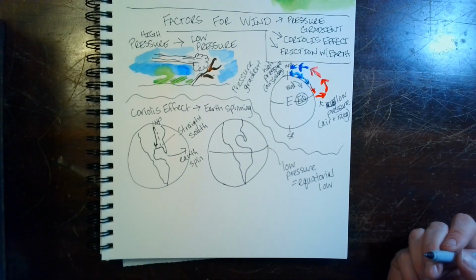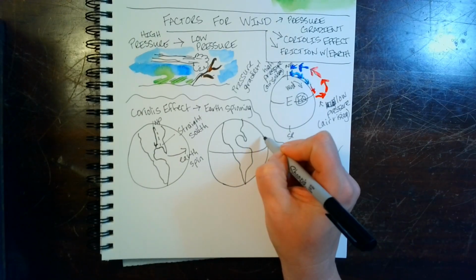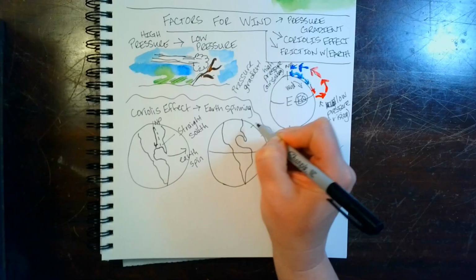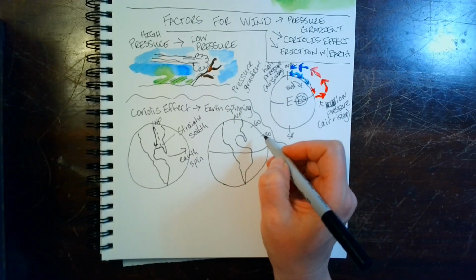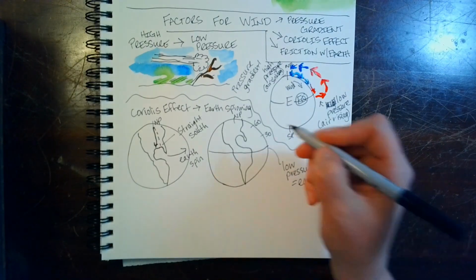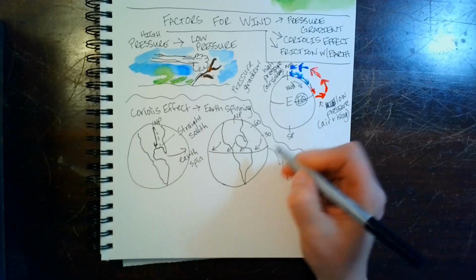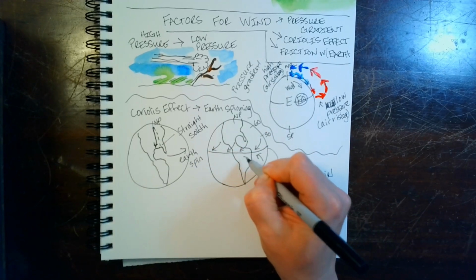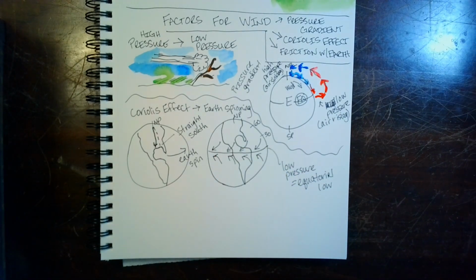And that high pressure system creates warm, dry air, and that is where we find most of the world's deserts. Between the equator and the horse latitudes, the winds move and are deflected, and we call those the trade winds. And they move from the northeast in the northern hemisphere, and they move from the southeast in the southern hemisphere.